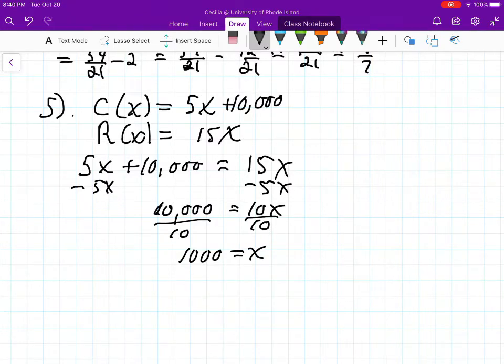So this is our break-even quantity, and now we need to go find the value associated with this, the y-axis value, or the value from our function. And we can choose either the cost function or the revenue function, but the revenue function's easier to work with. So we're going to plug this 1,000 into the revenue function and calculate what that is.